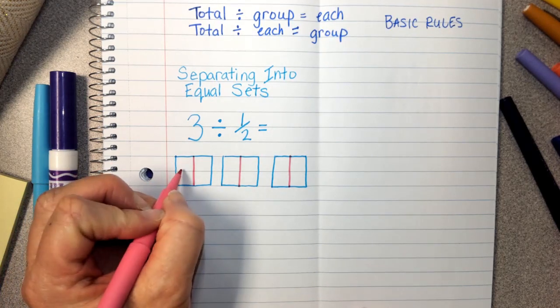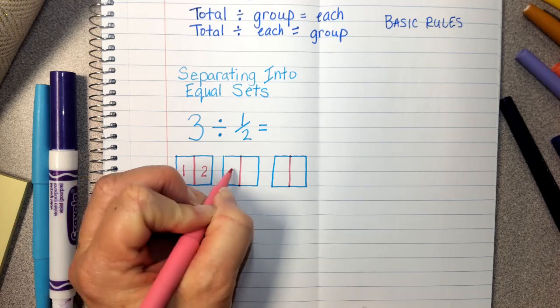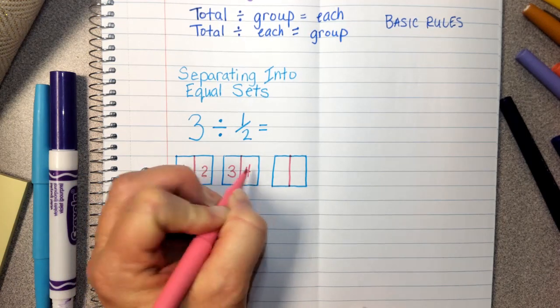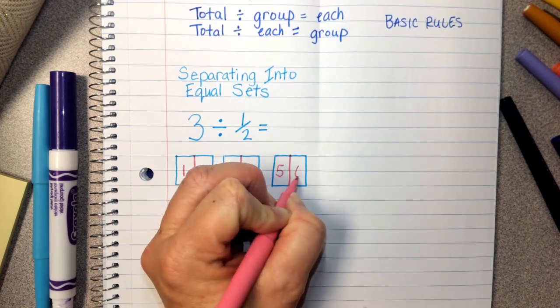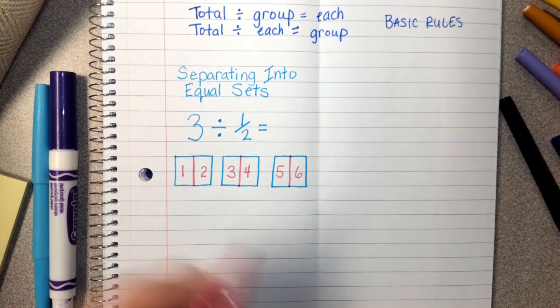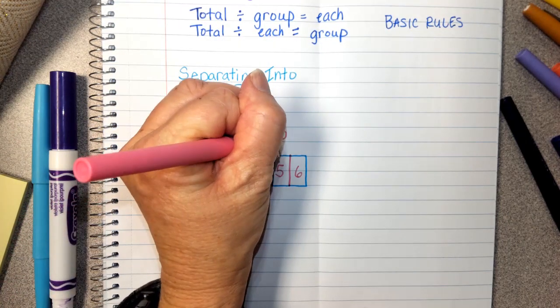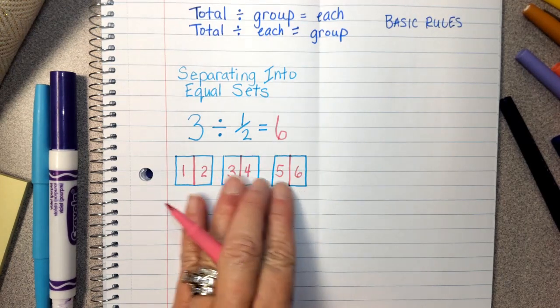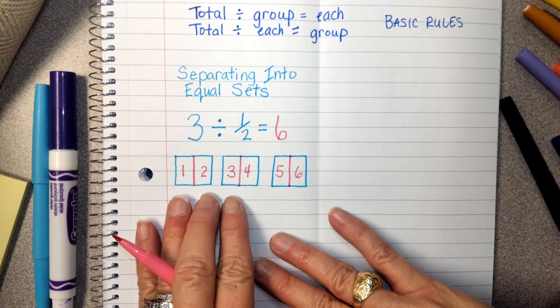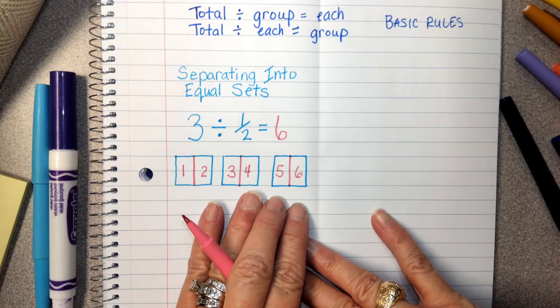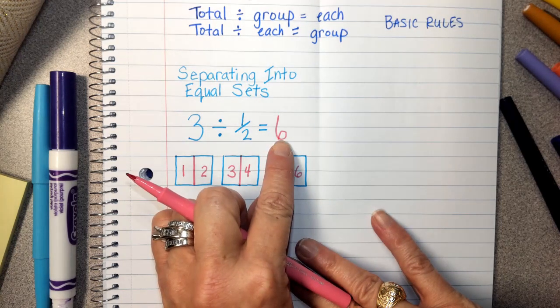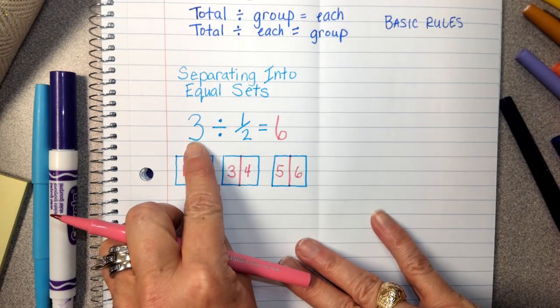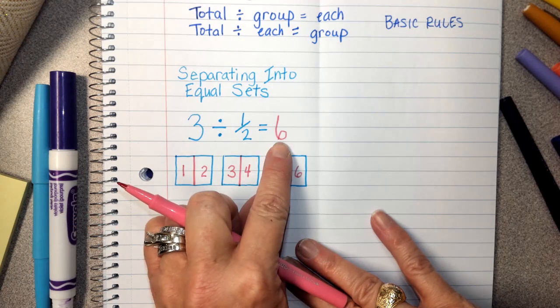So I'm going to label those 1, 2, 3, 4, 5, 6. So that's how we get the number 6. Now remember, we get a larger number, but we have to always remember that these pieces are now smaller. So even though our number is larger than the number we started with, these are much smaller pieces.